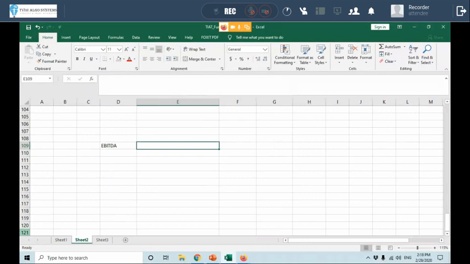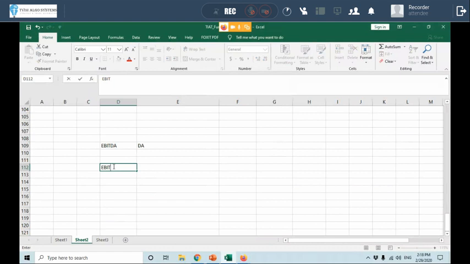Now, depreciation and amortization are non-cash expenses. So from EBITDA, we are removing this D&A right now. So we are left with EBIT, earning before interest and tax.